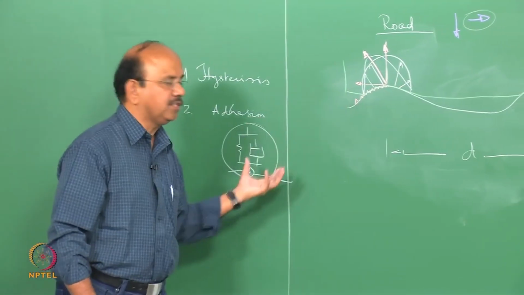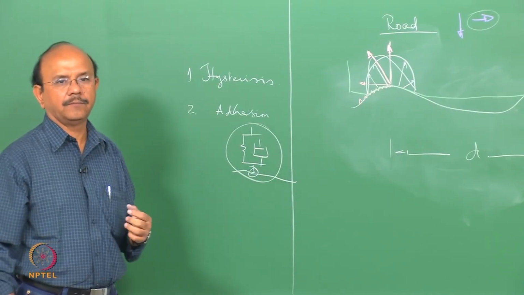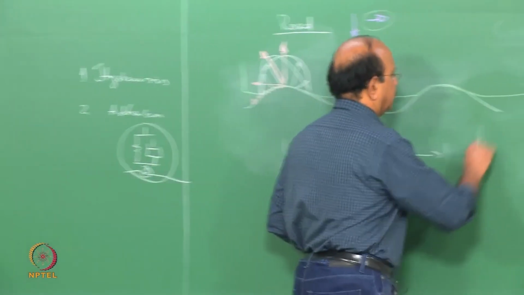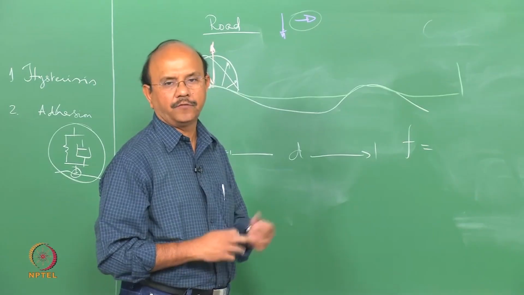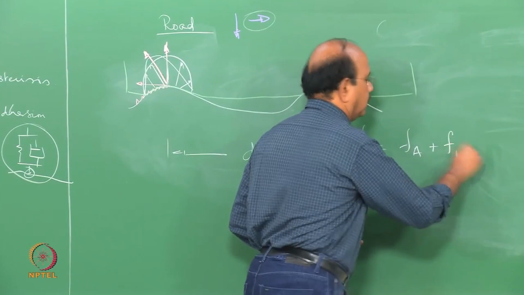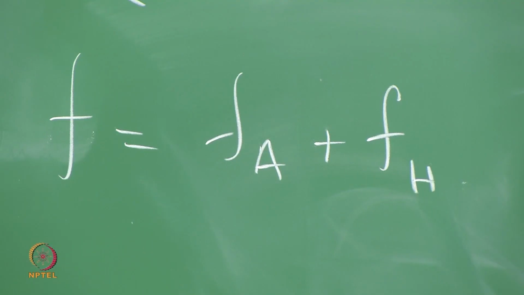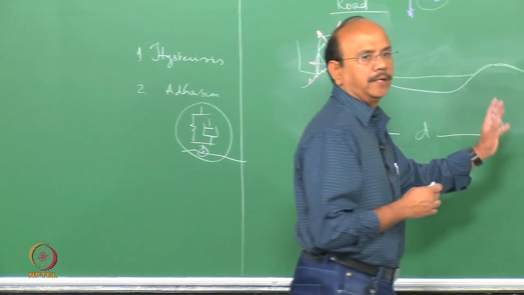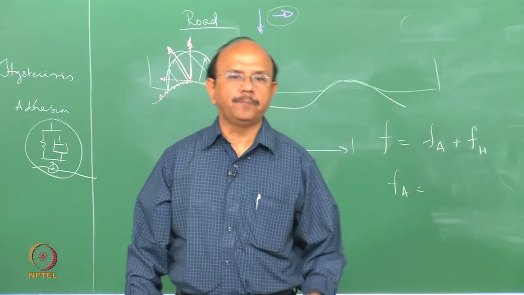So that energy is what gets converted into a frictional resistance in rubber and can be written in a very simple form as the friction forces, or the friction coefficient if you want, can be divided into two categories, one due to adhesion and the other due to hysteresis. Right? So we can quantify this by means of a simple equation.